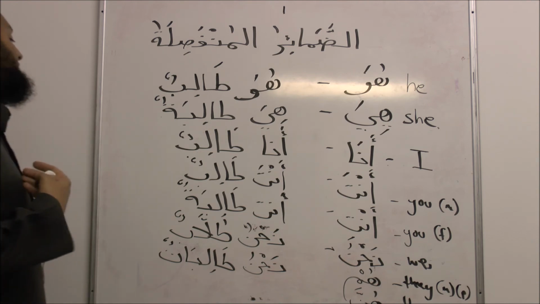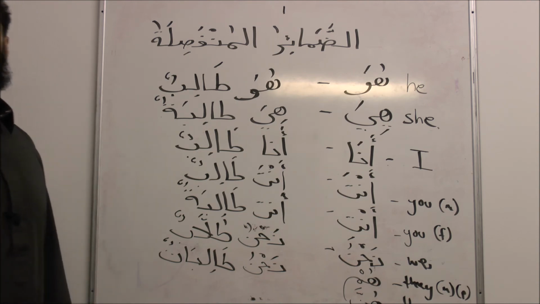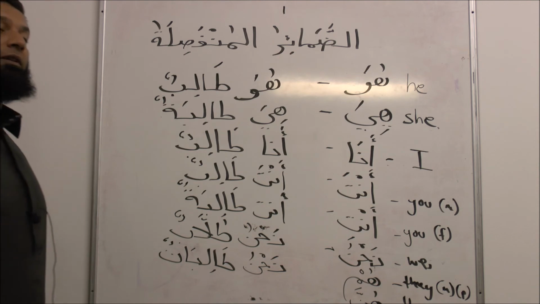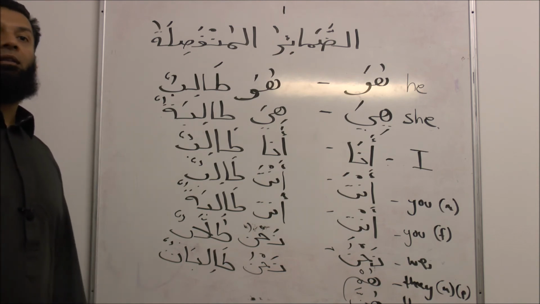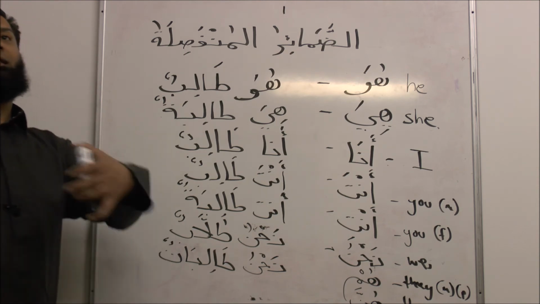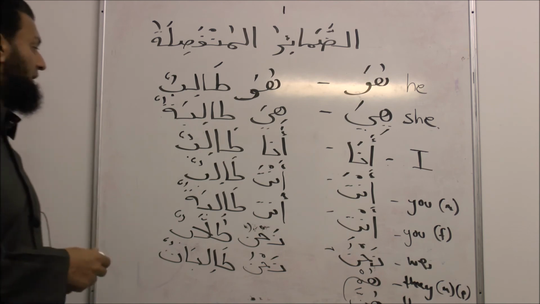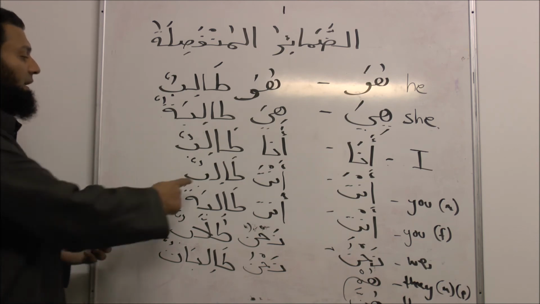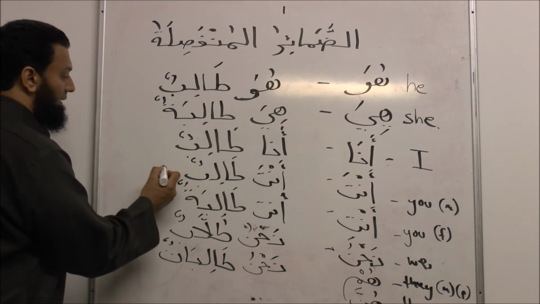What if I wanted to say you are a good student? I don't know, is it good? What's the word for good? جيد. Jayid. Right. Yeah, there's several, but hasanun, right? Hasanun. Enta talibun hasanun.